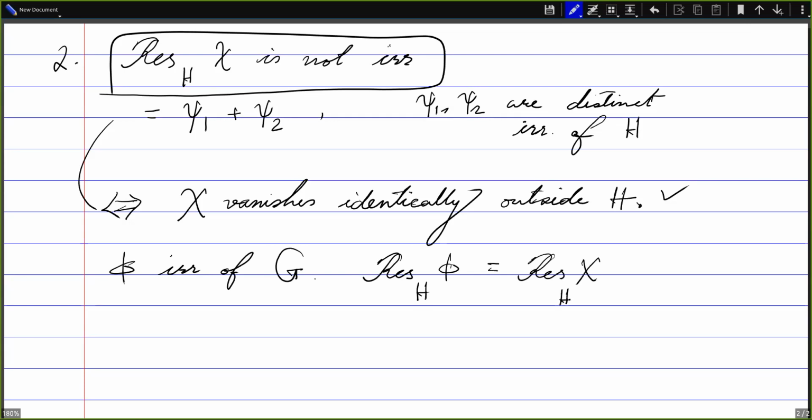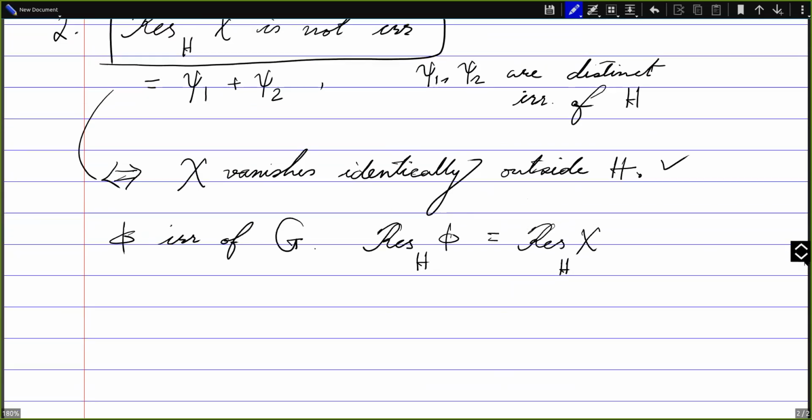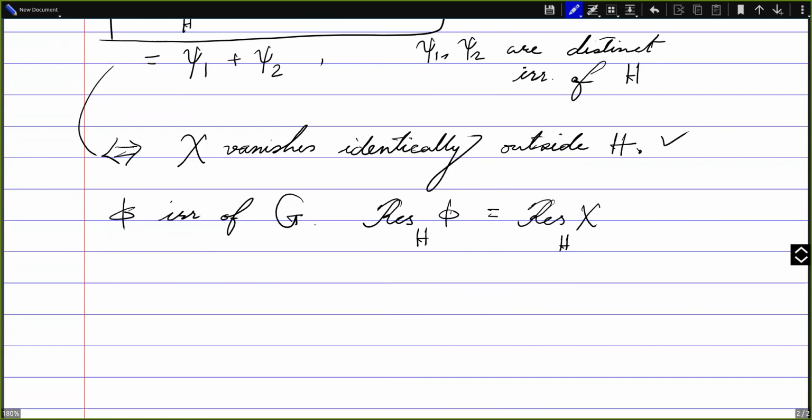So basically two irreducible characters, when they are restricted to H, become equal. Now if that happens, let's see what we can say about this chi and phi. I want to see what happens to their inner product.